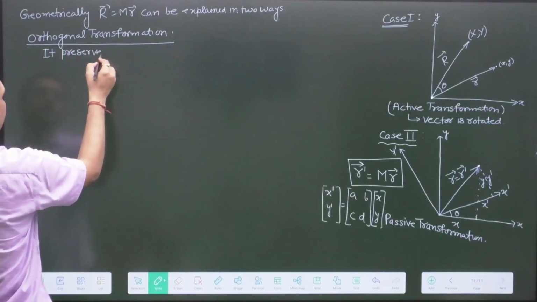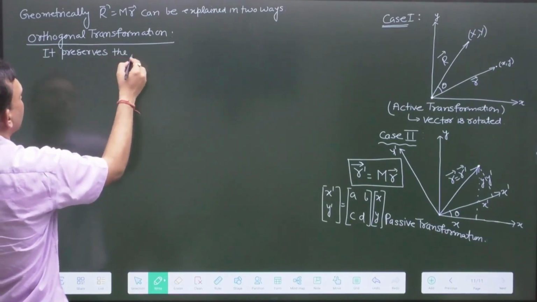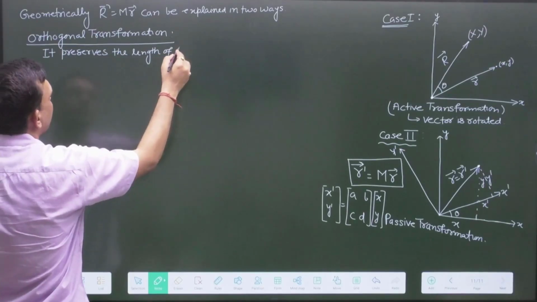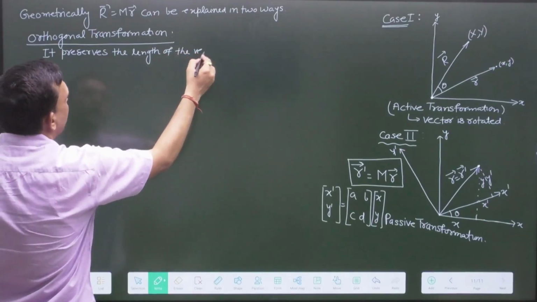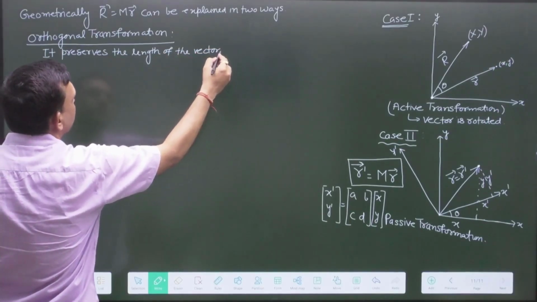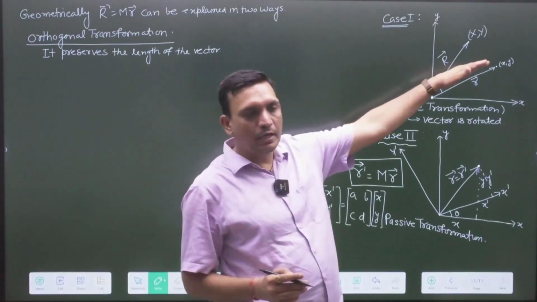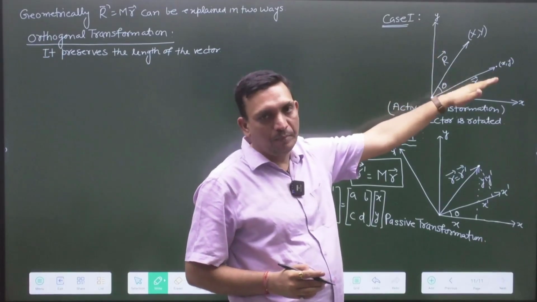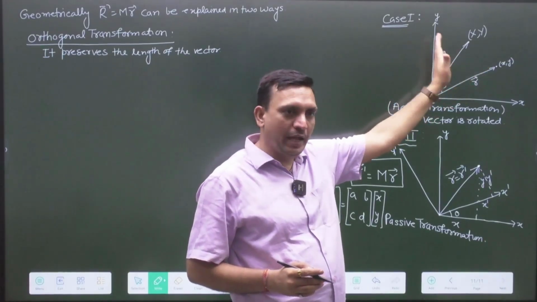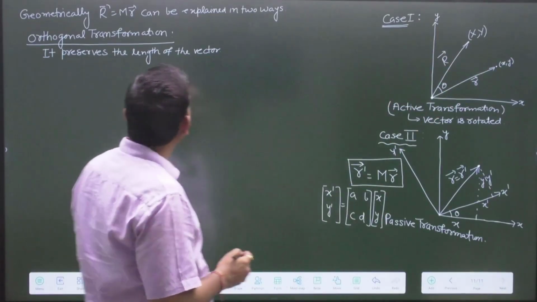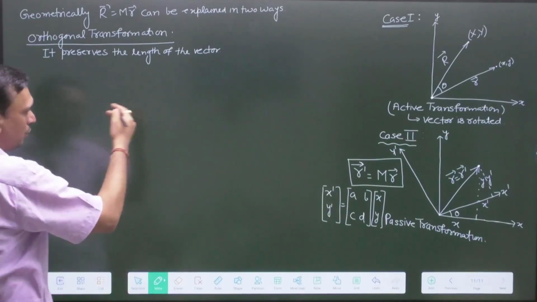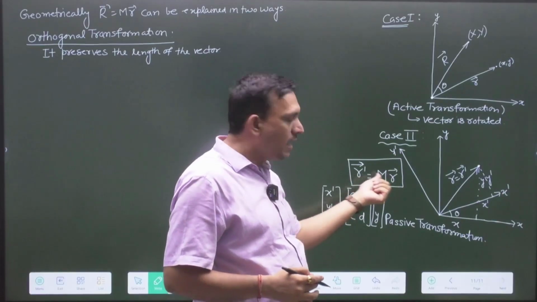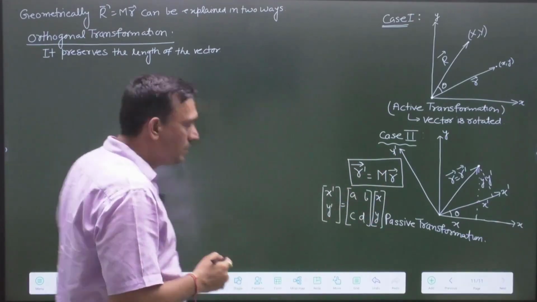When the length of the vector is not changed, it means you are rotating from r to capital R, but their magnitude is the same. In this case also, R or R dash, their magnitude is the same.